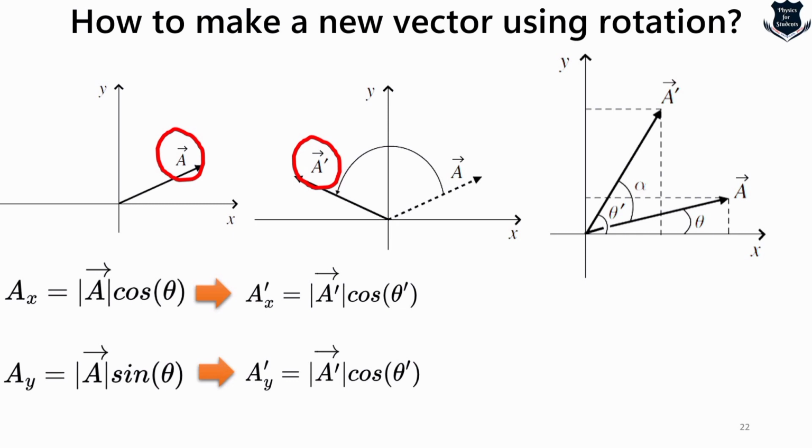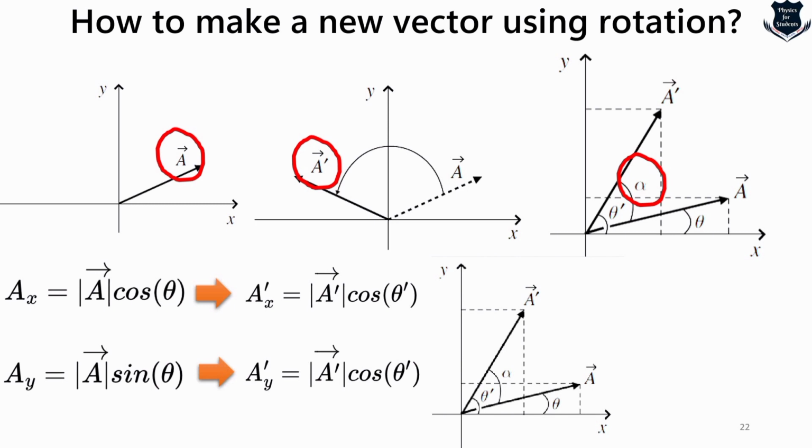Now here is something important. You note this alpha, which is, I know it is a little bit hazy, apologies for that. If I zoom in, you will see that theta prime is basically a combination of alpha plus theta. Why? Because theta prime is the rotated one, so it is taking two angles: the original alpha plus the original theta.